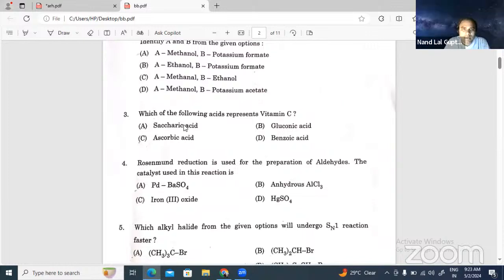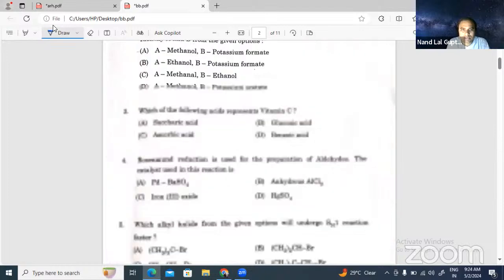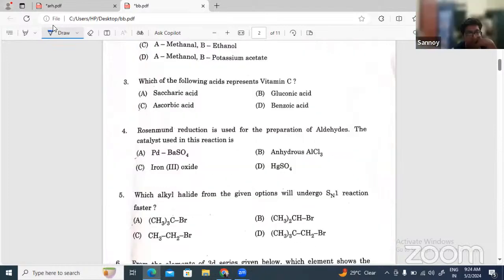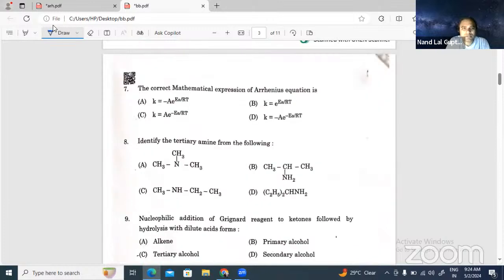So see, Sanoy, the first question you can easily solve. It is based on Kohler's law, so I am not discussing this question. This question is about the correct mathematical expression of the Arrhenius equation that we will be dealing with: k is equal to A e power minus Ea upon RT. This option is there. That will come.